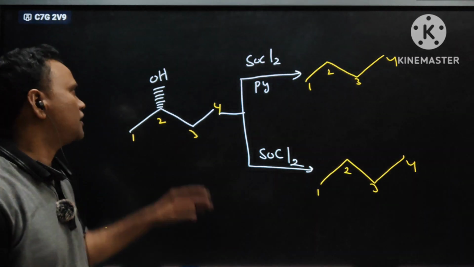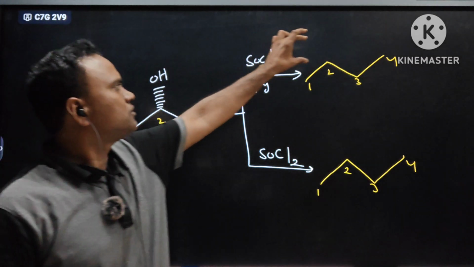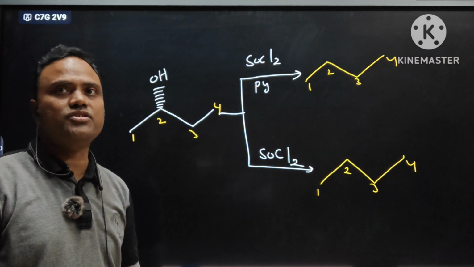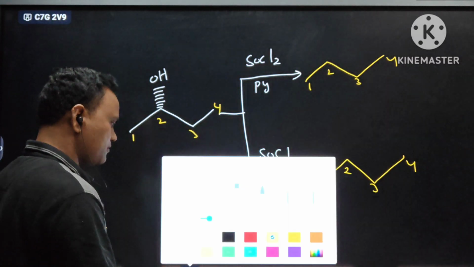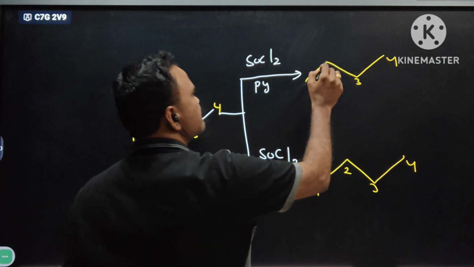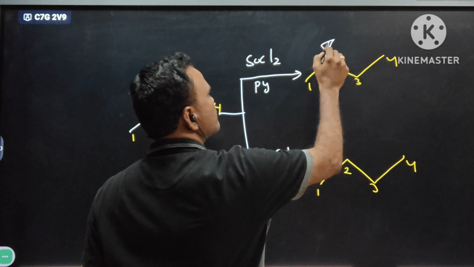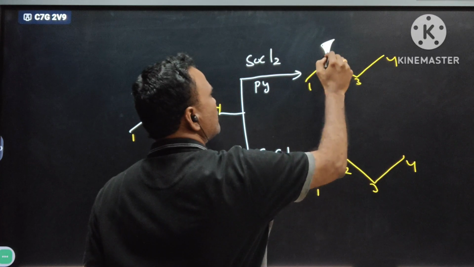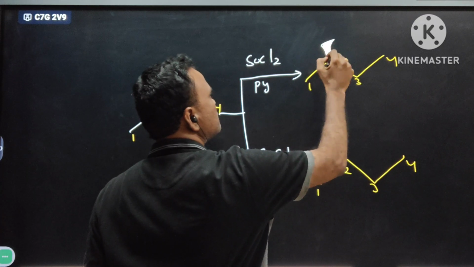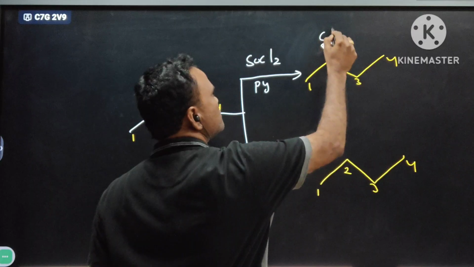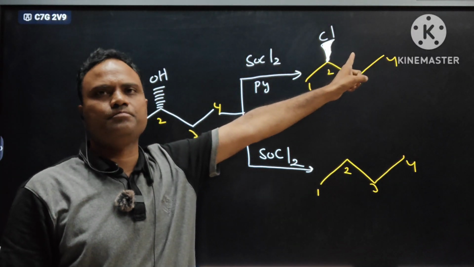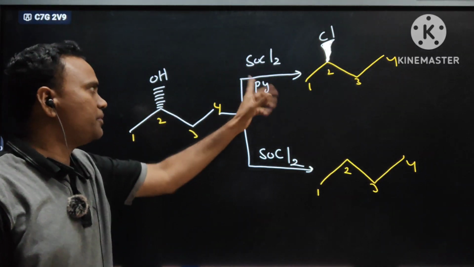Dash means same like this. Thick line, wedge line, opposite. This is called inversion. When you observe pyridine, take the opposite configuration for Cl. If your dash is present, take thick. Complete opposite when pyridine is present.